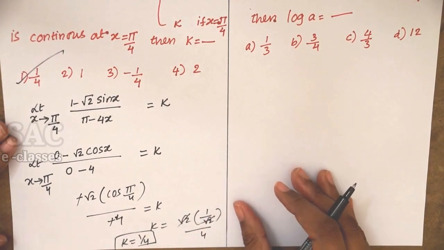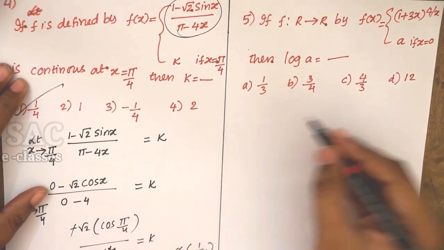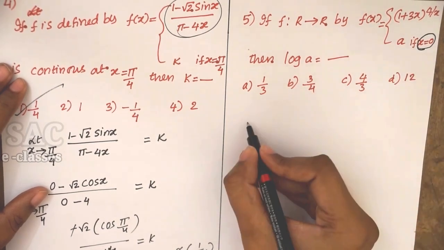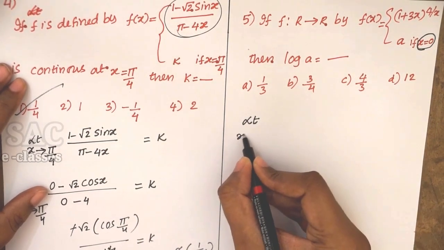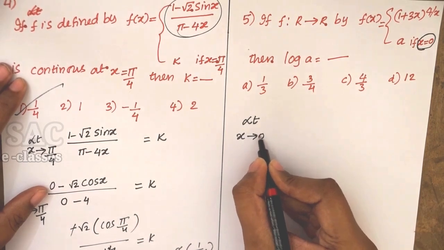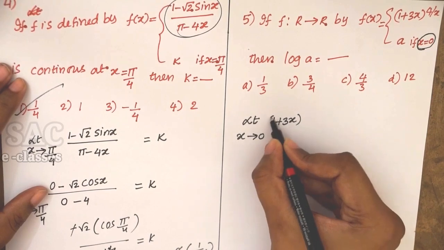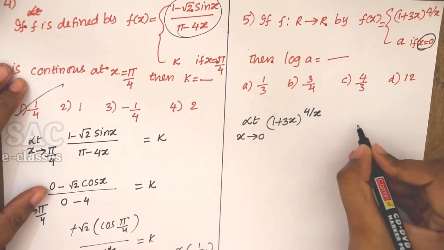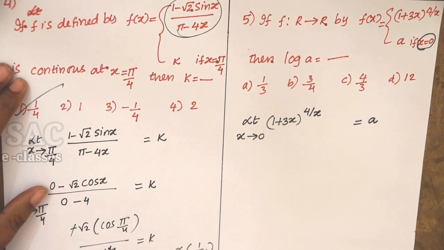Then let us move to the next problem based on continuity. Now here at x equal to 0, same situation, it is continuous. So the limit as x tends to 0 of (1 plus 3x) whole power 4 by x is equal to a, by continuity.